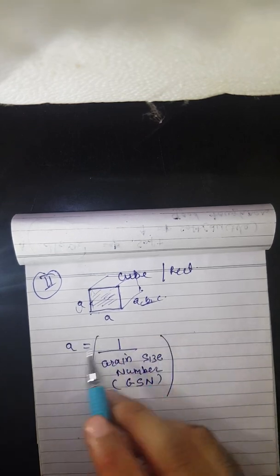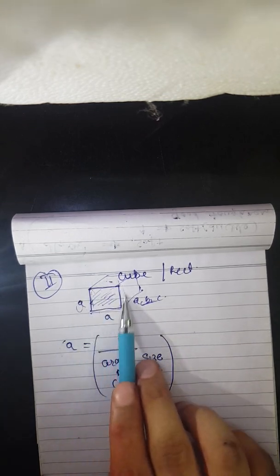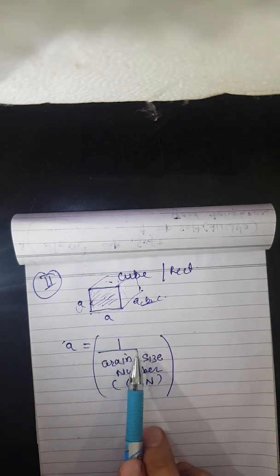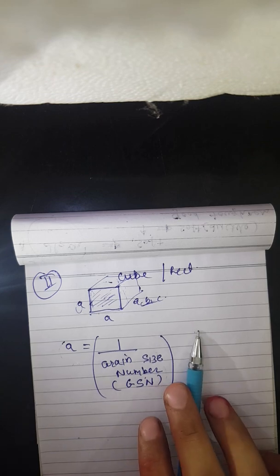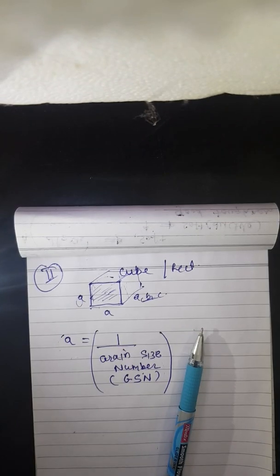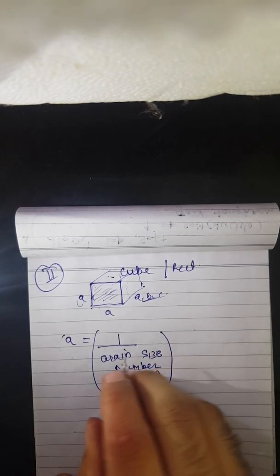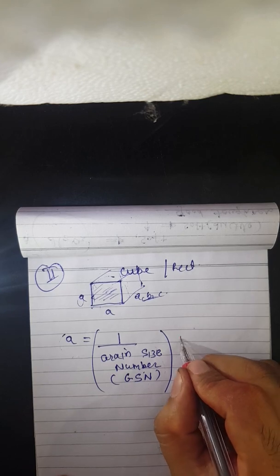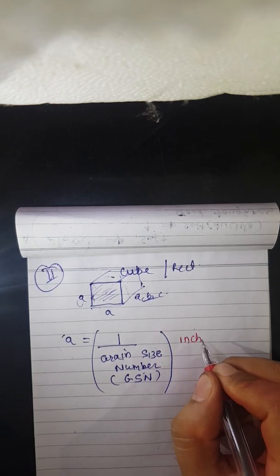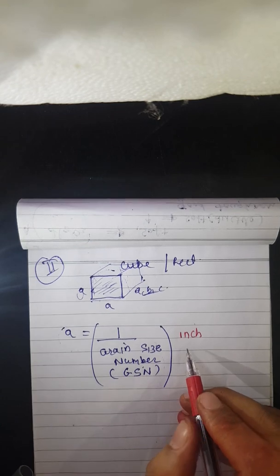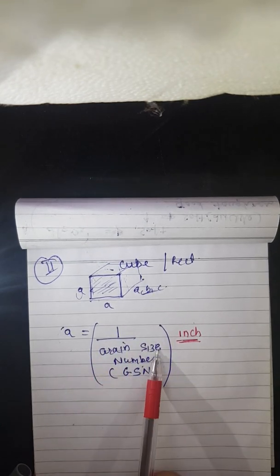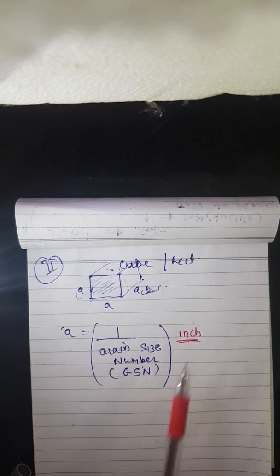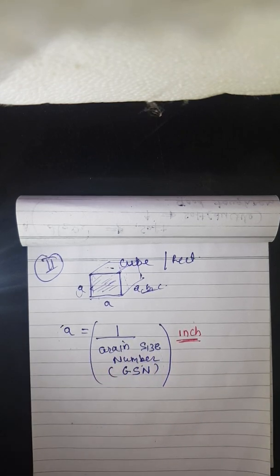So A, that is the dimension of your abrasive particle, can be given as 1 upon the grain size number here, and this value that I am writing here is in inches. Fine, I'm writing it with a different colored pen because one needs to remember that it's always in inches. What if I take the ratio of grain size number, it is always in inches. So it's something that one must remember.